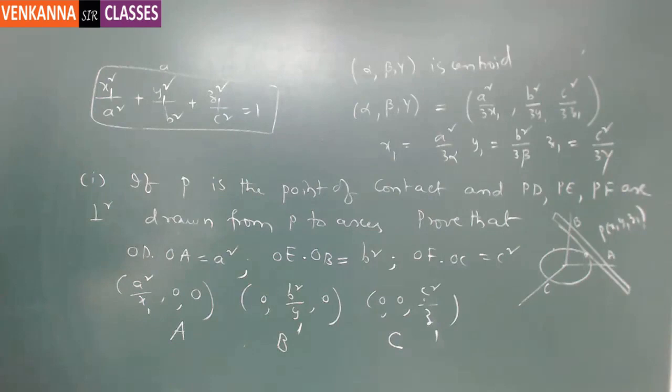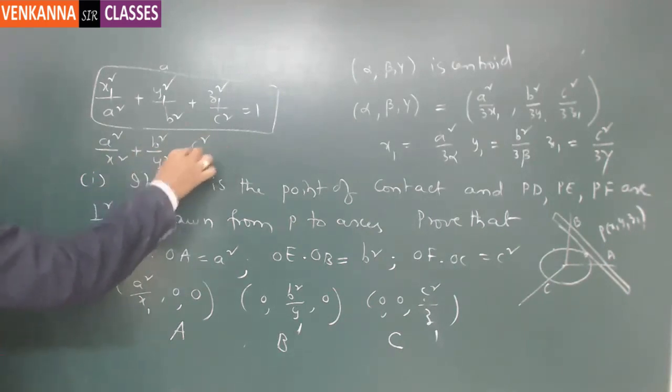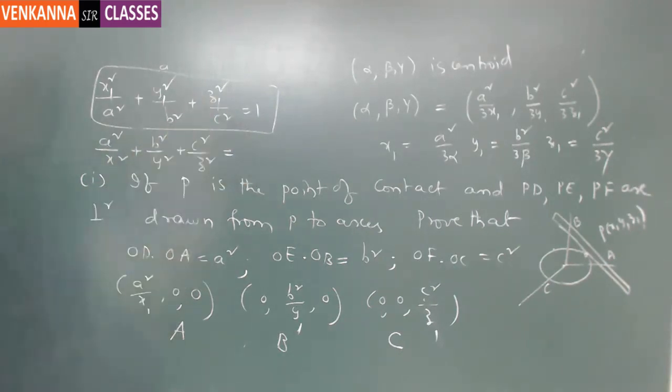Now I am going to substitute the x1, y1, z1 values in this equation, because the point is satisfying the ellipsoid equation. So if you substitute here, you will get the value as the locus you can call upon. Equals to 9.